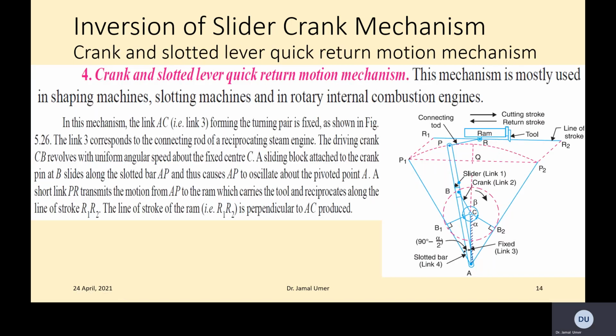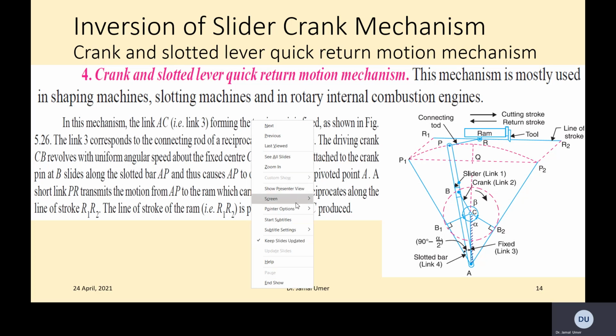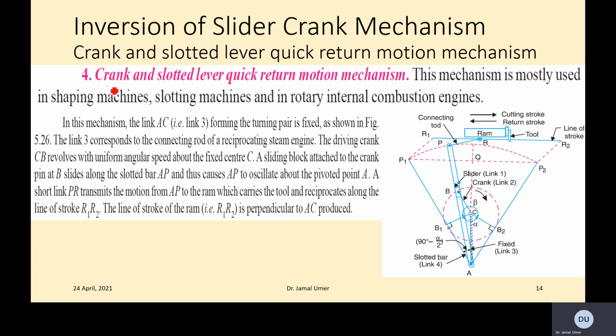And then the fourth one is quite interesting, where we have the crank and slotted lever quick return motion mechanism. So, crank and slotted lever. You have here, for example, one of the sliders, which is link 1.